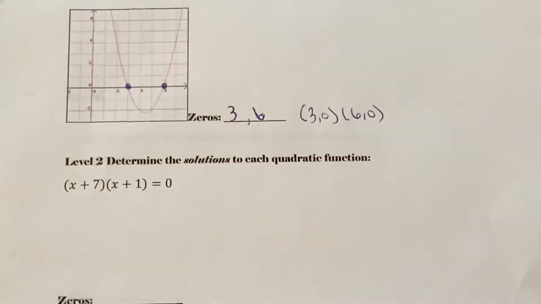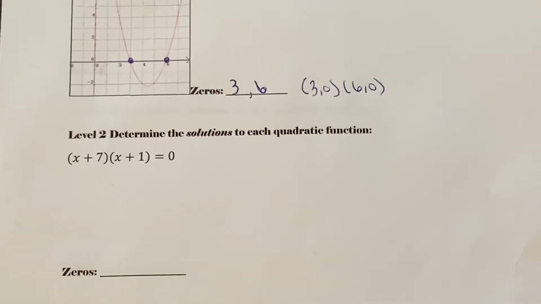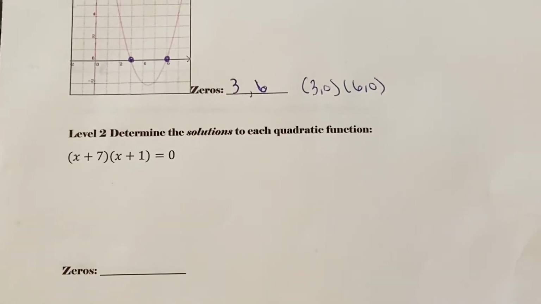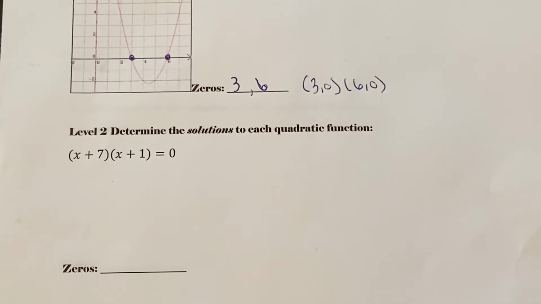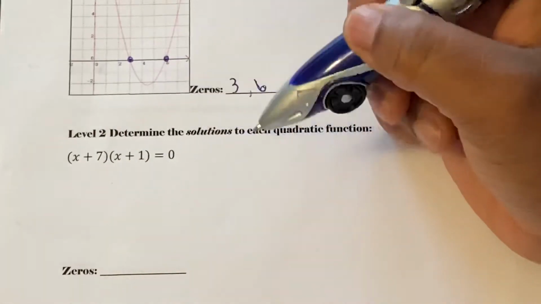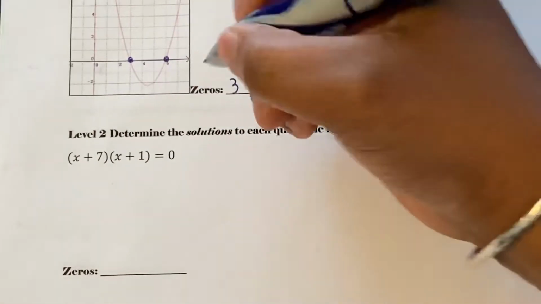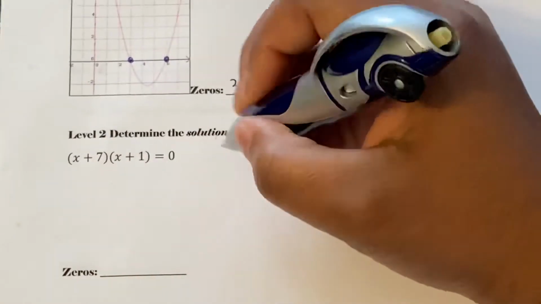Level 2 is when you're given the quadratic function in factor form or intercept form. These are the factors or the intercepts. So what you first have to do is make both of these separately equal to 0.